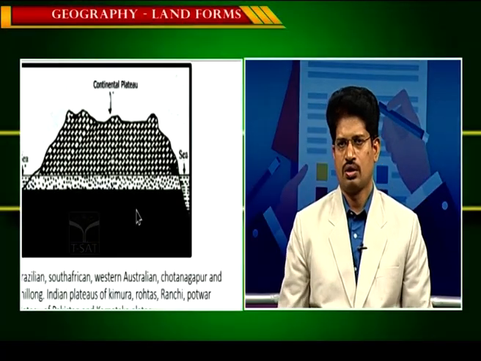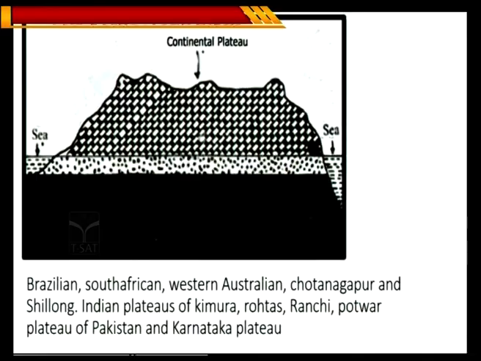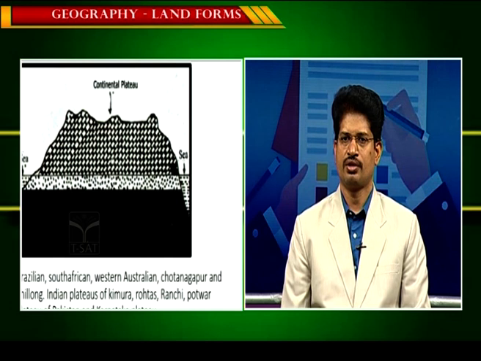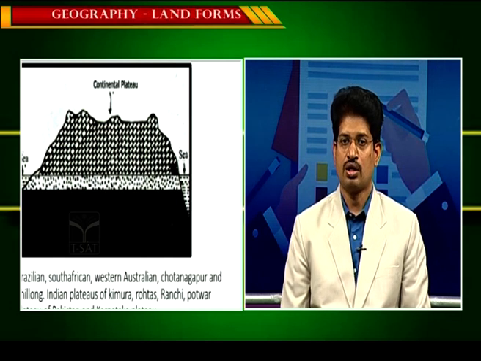Next is the continental plateau. A continental plateau is a plateau where the continent itself is in a higher position. The classic examples of a continental plateau are the Brazilian plateau, the South African plateau, the Western Australian plateau, and others.